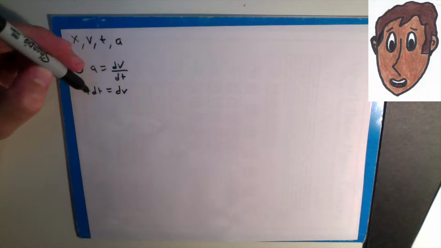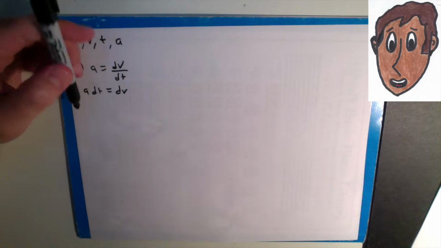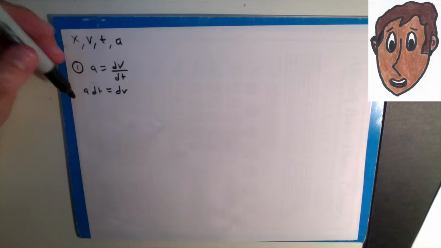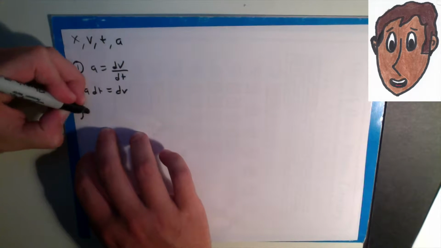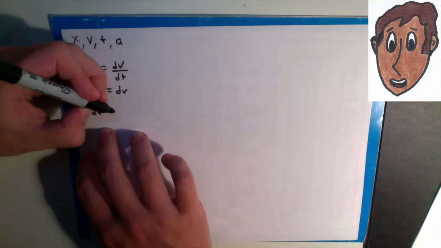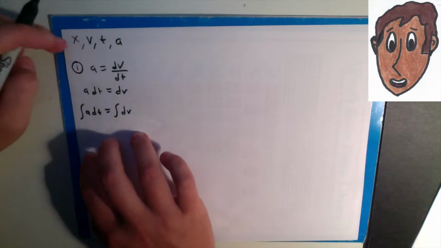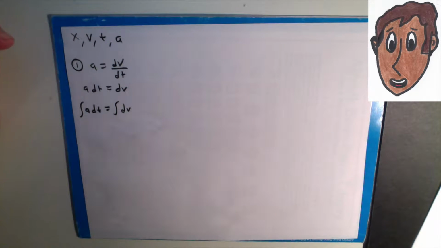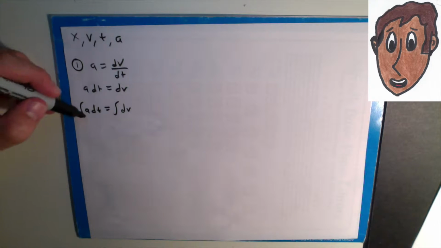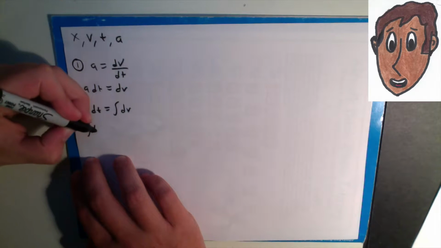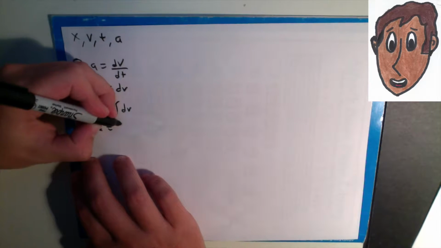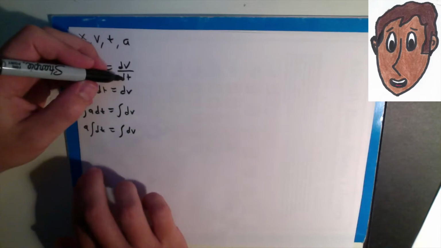So now that we have a separation, we have infinitesimals on both sides, we can integrate. So we'll rewrite this as the integral of a dt equals the integral with respect to dv, or v, excuse me. So again, if we're talking about simple case, acceleration is constant, so that just comes right out of the integral. So we have a times the integral with respect to t equals the integral with respect to v.